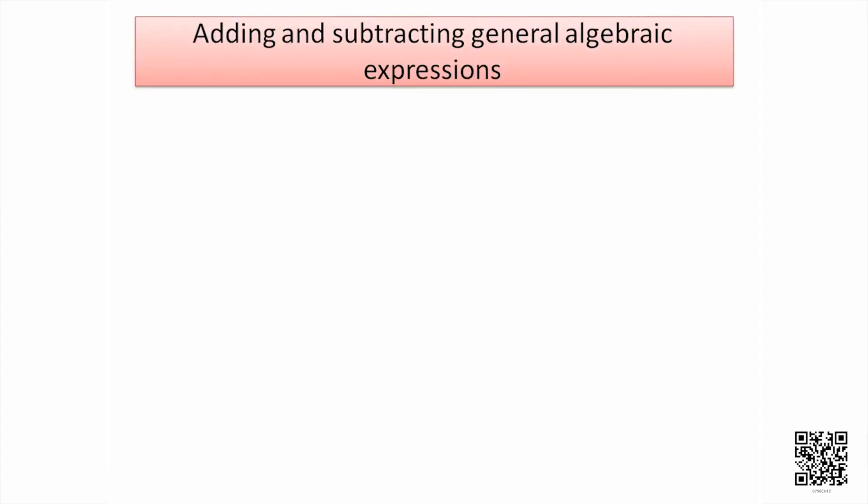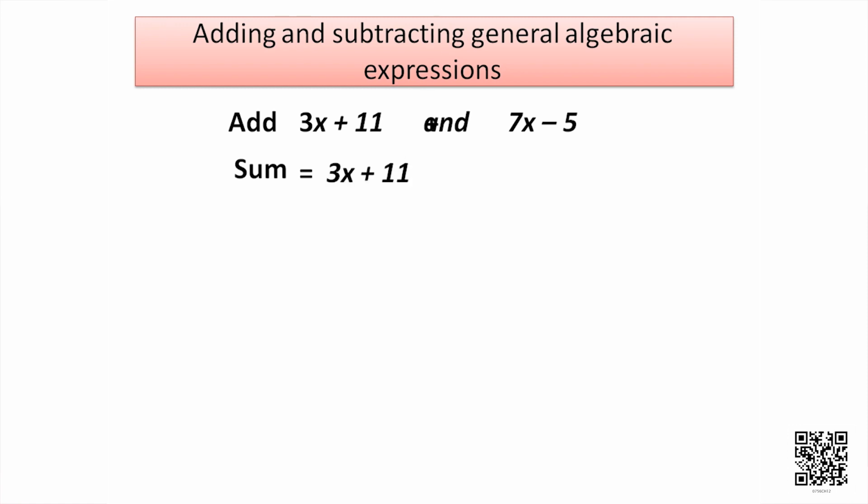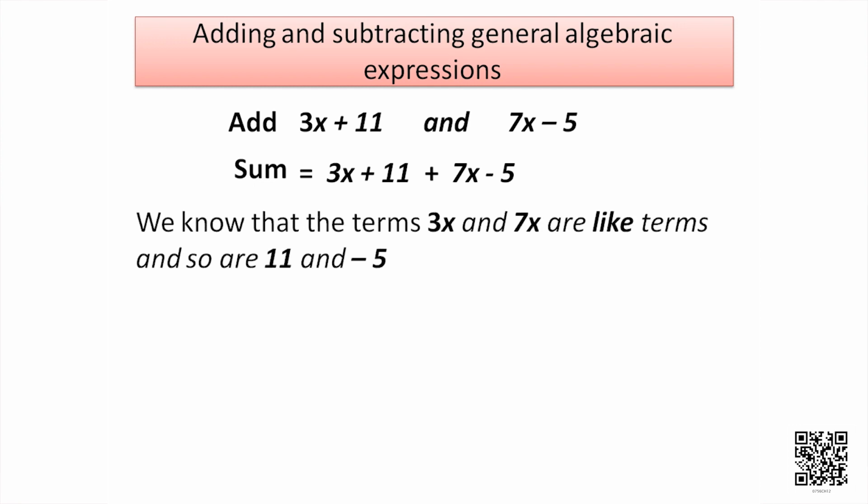Now let us see how to add and subtract the general algebraic expressions. So we have an example, add 3x plus 11 and 7x minus 5. So when we are finding sum of it, 3x plus 11 plus 7x minus 5. So what happens? We know that the terms 3x and 7x are like terms, and so are 11 and minus 5.